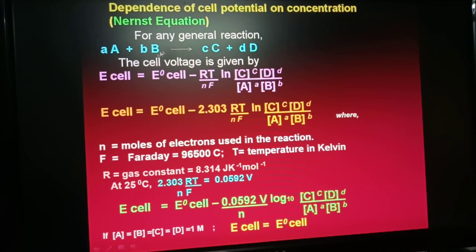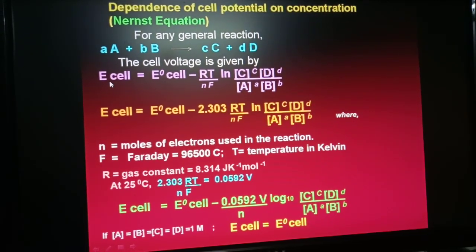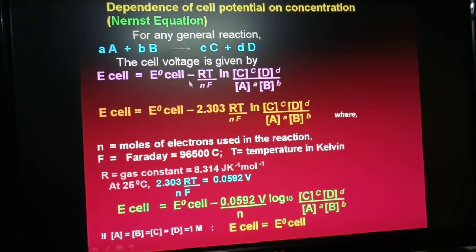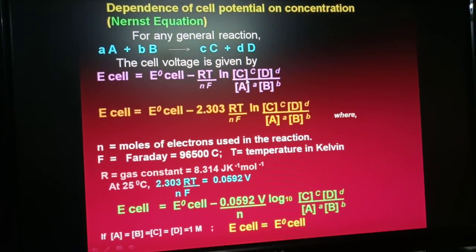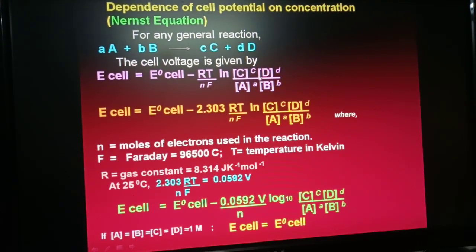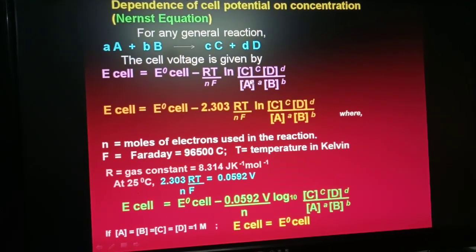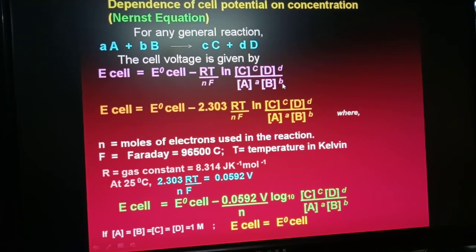According to Nernst, the cell voltage can be given by the formula E cell is equal to E0 cell minus RT upon nF log of concentration of C raised to c into concentration of D raised to d upon concentration of A raised to a into concentration of B raised to b.